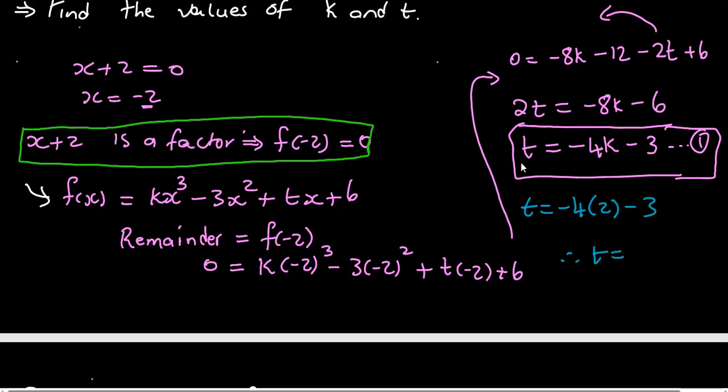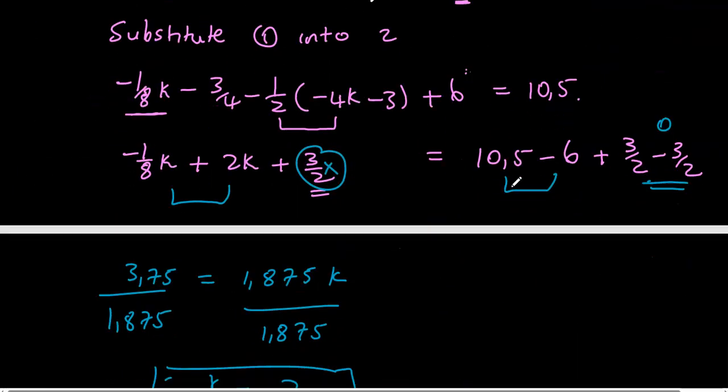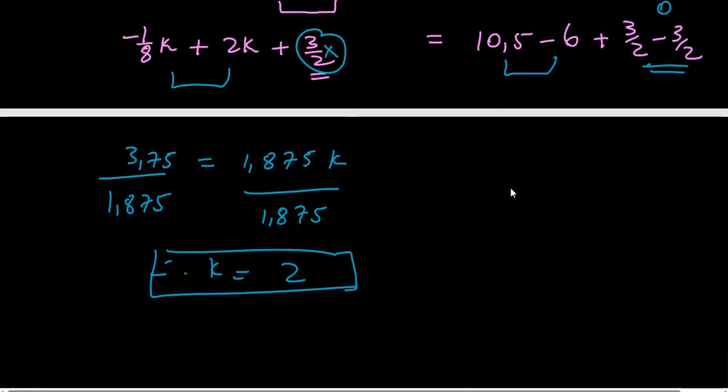Therefore, what is t equal to? Minus 4 times 2 is minus 8, minus 3, that's minus 11. That is the value of t. So now we've managed to find t and we've managed to find k. I'm very sorry about the maths. The value of t is negative 11. We've managed to answer the question.